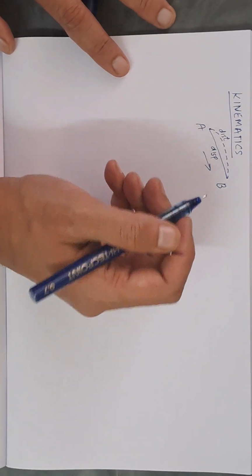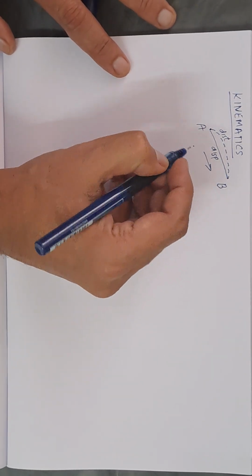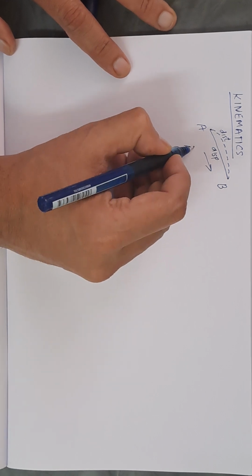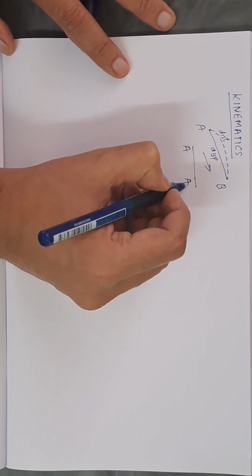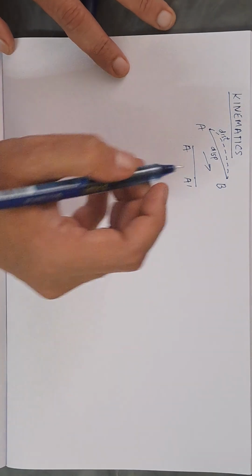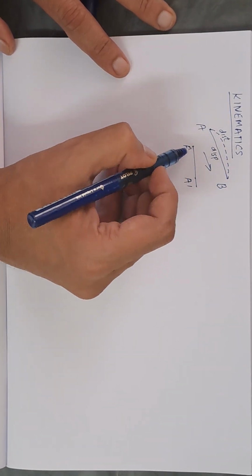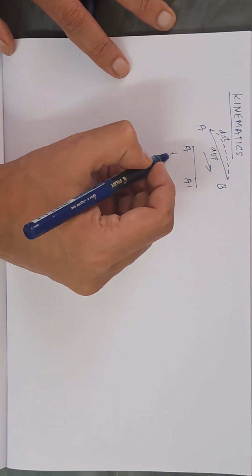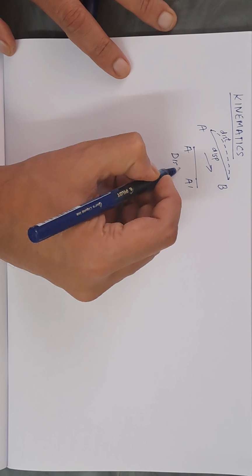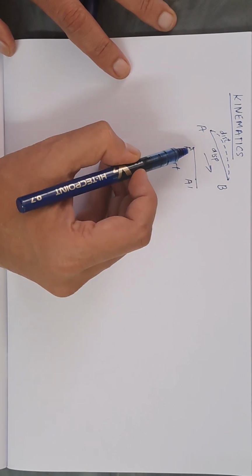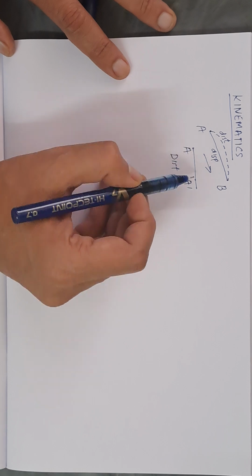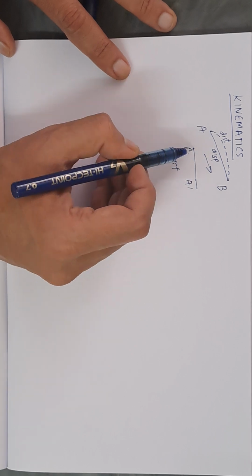For example, we can also take the example of a motion in a straight line. In this case, as a particle moves from a point say A to another point say A dash, the distance will be equal to the total length of the straight line that connects point A and A dash.